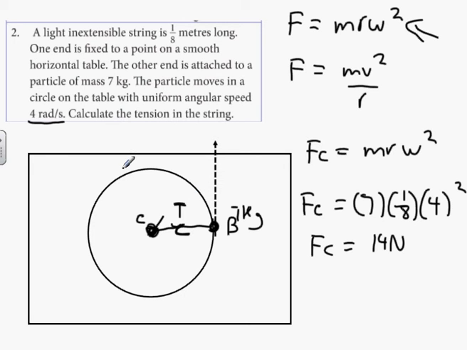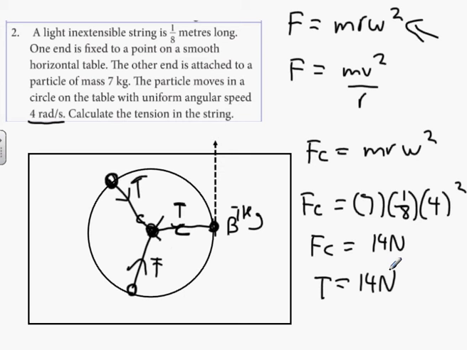No matter where the object is, if it's over here or all the way down here, the tension is always directed back into the source of the thing moving it around. If you ever throw a hammer in athletics, you'll feel that the tension is always pulling you out from the middle. So that's why the tension in this string is 14 newtons.